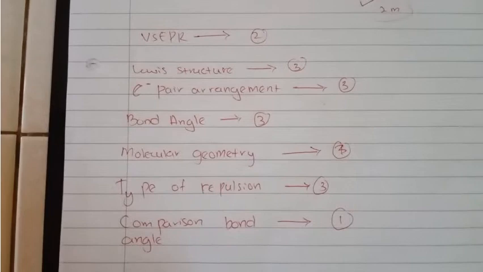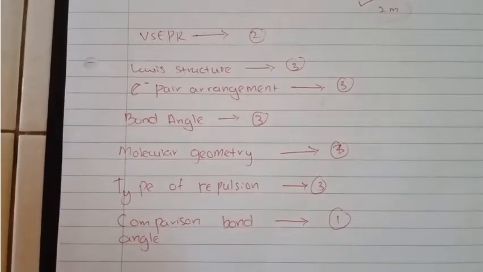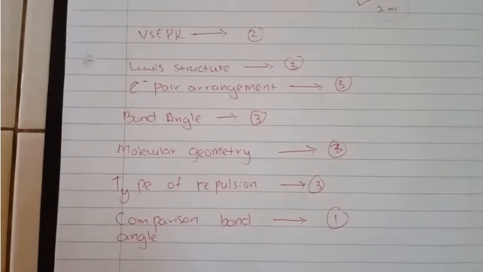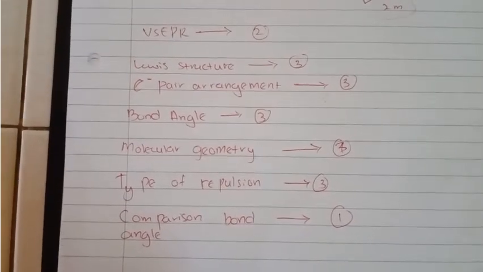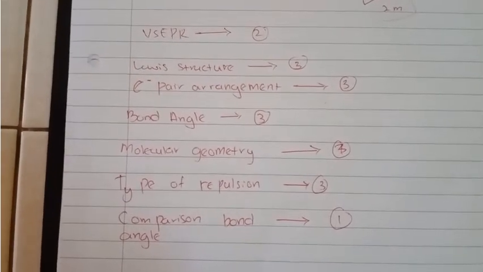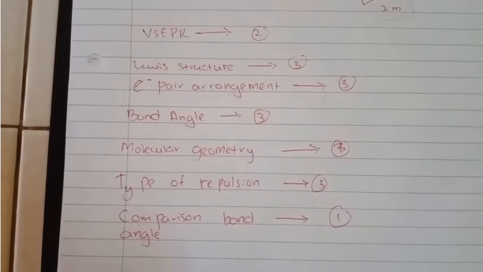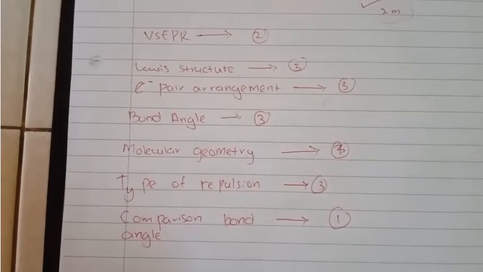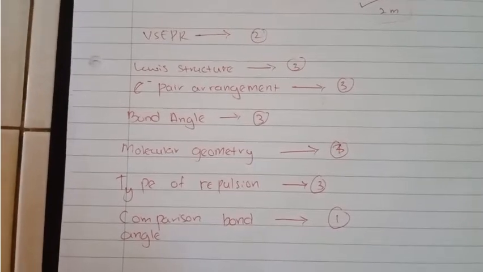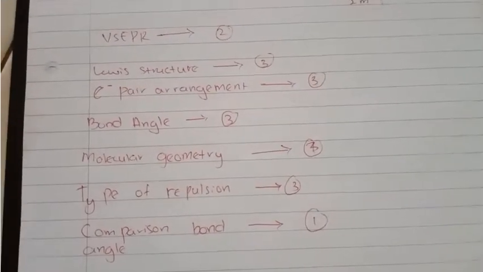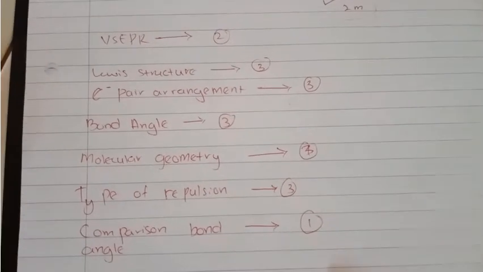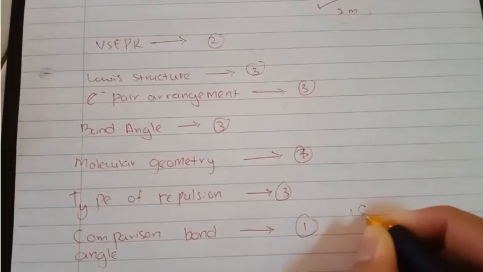For electron pair arrangement, the maximum mark is 3, for each element 1 mark. Same for bond angle, molecular geometry, and type of repulsion. Then the maximum mark for the comparison of bond angle is 1 mark. So the total here we get about 18 marks.